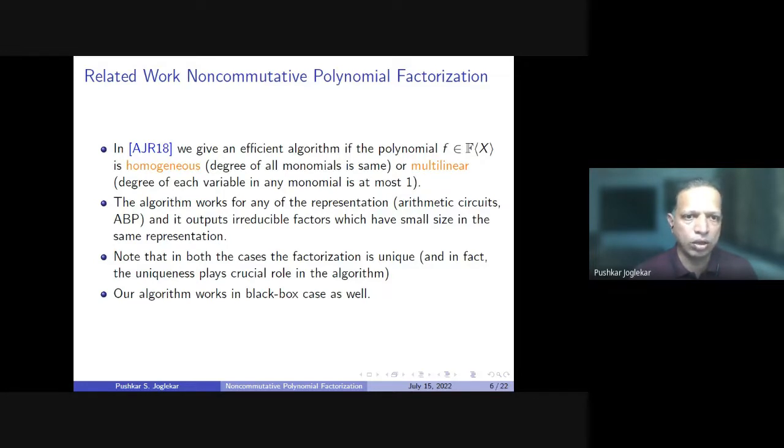Our algorithm even works in the black box case as well, and it works for either representation, arithmetic circuits or ABPs. Now, the crucial thing to note is that in both these cases, polynomials have unique factorization, and in fact, this uniqueness plays a crucial role in our algorithm.